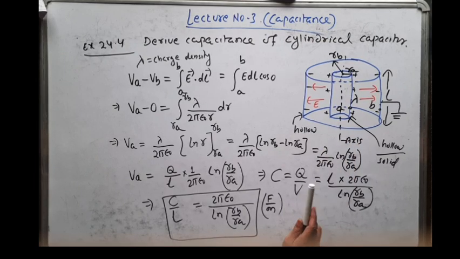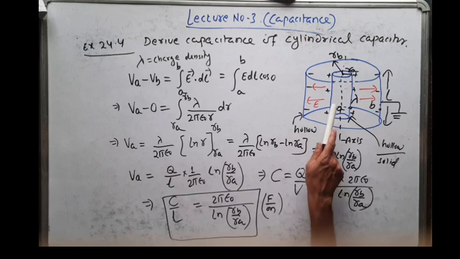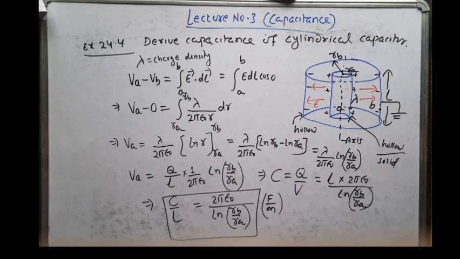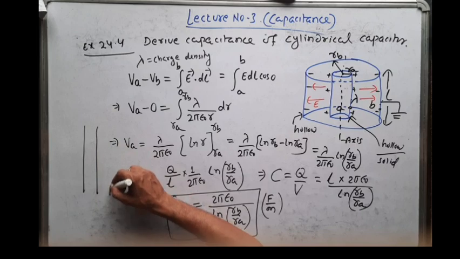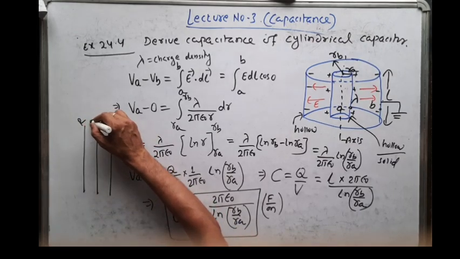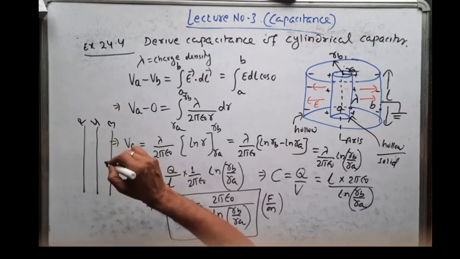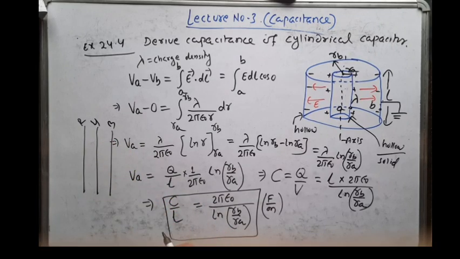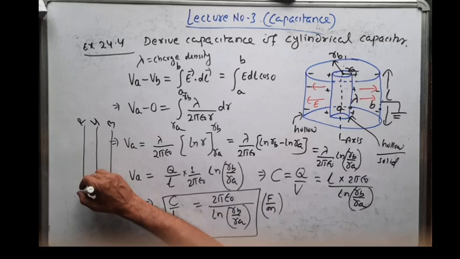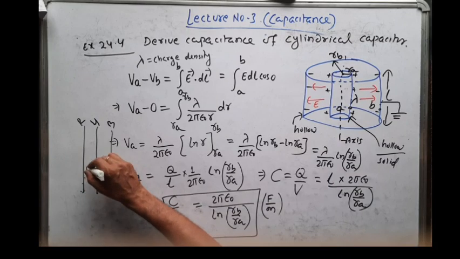So why is it actually required? Why is it required to calculate the capacitance? You see, in electrical transmission there are various cables. Suppose this is your R phase, this is Y phase, this is B phase, all the lines are transmission lines. The transmission line is also just like a cylinder in nature. So in between these two transmission lines, there is a capacitance.